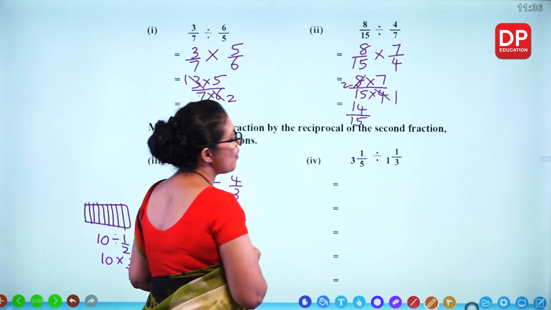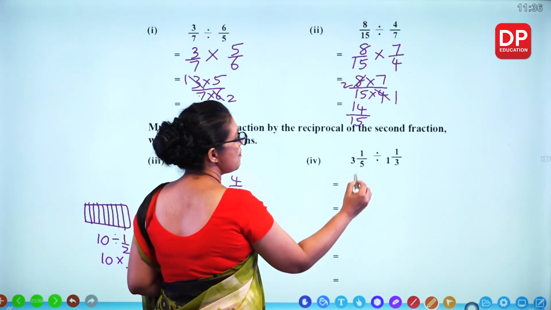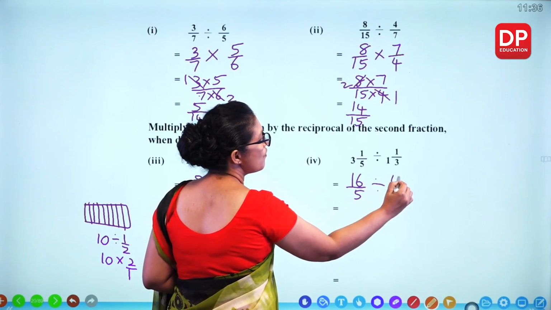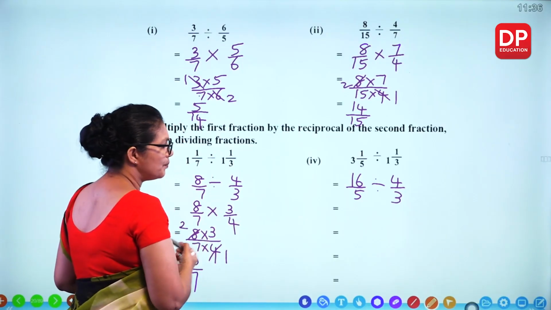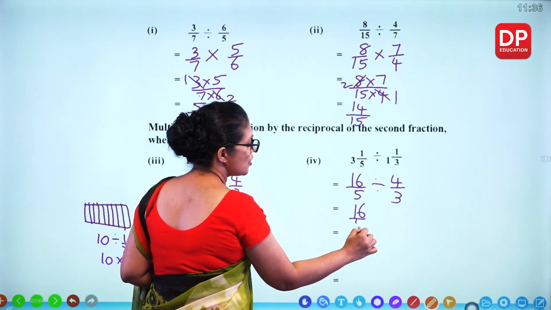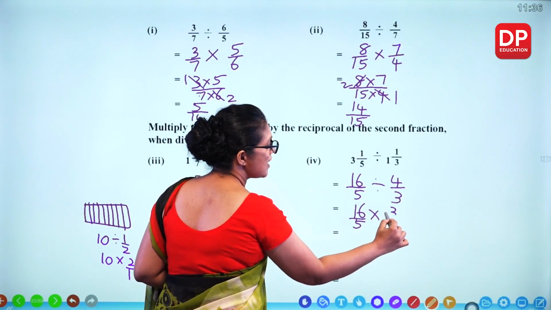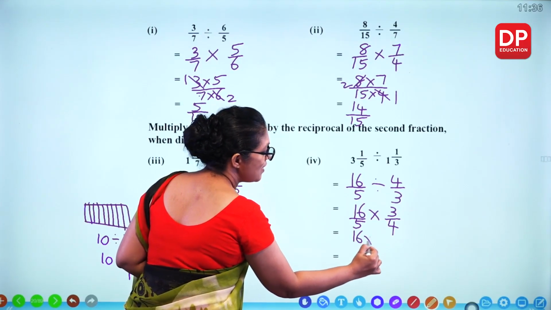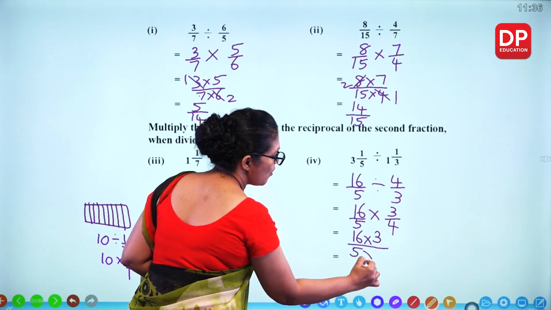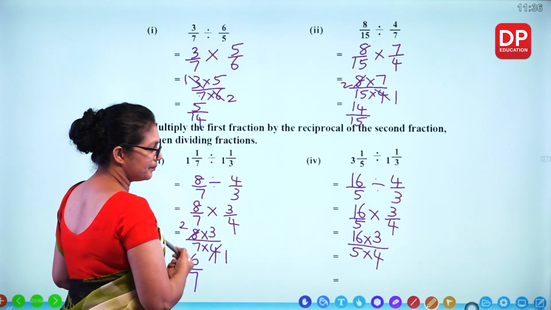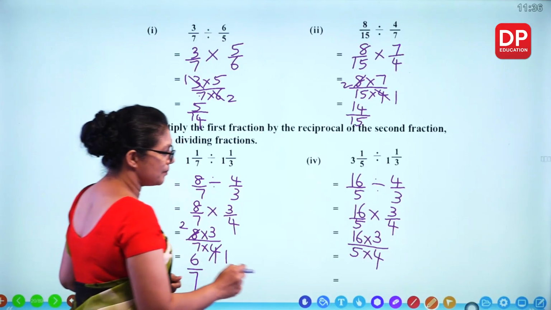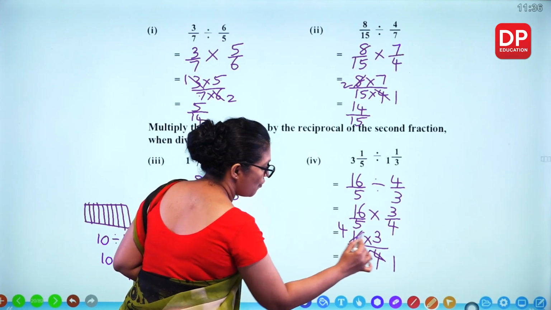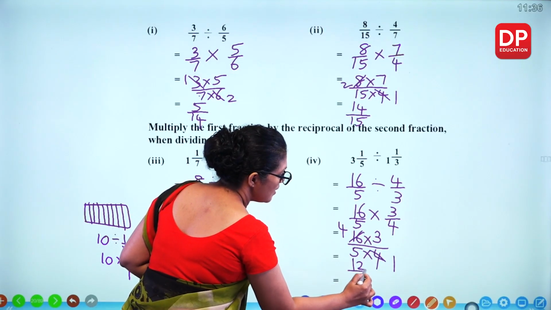Convert to improper fractions. 15 plus 1, 16. This one 4/3. Now convert to multiplication by taking the reciprocal of that. Multiply the numerators separately, denominators separately. Simplify if possible. 4 times 1, 4 times 4. 4 times 3, 12 and 5.